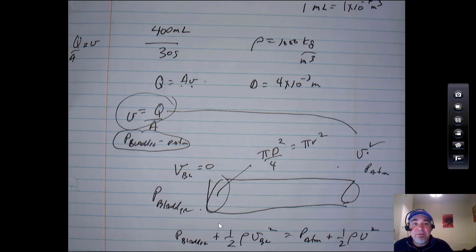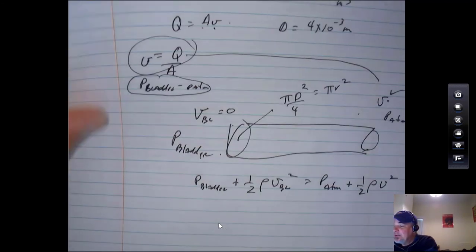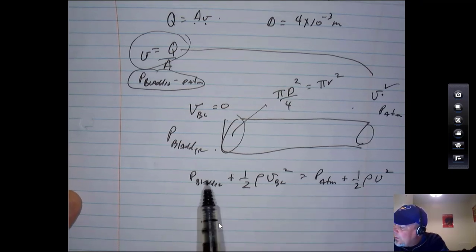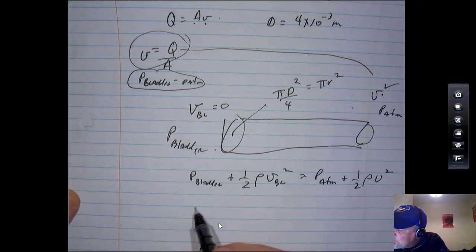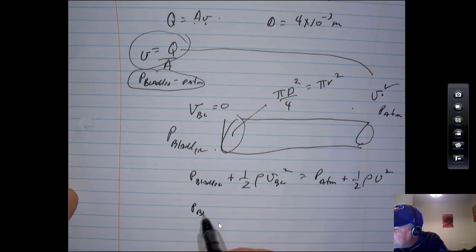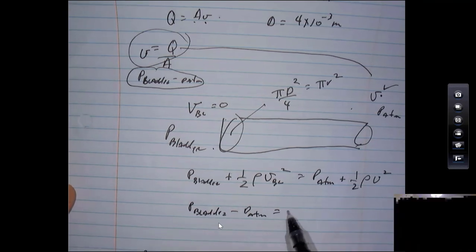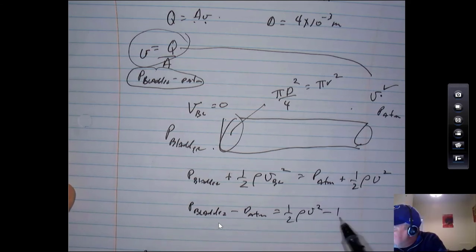And we're trying to figure out the difference between bladder pressure and atmospheric pressure. So we don't have to figure out this and this independently. We just want to know the difference: bladder pressure minus atmospheric pressure. That's what they're asking about. So I'm subtracting this from both sides. That would be equal to 1/2 rho v squared minus 1/2 rho v bladder squared.